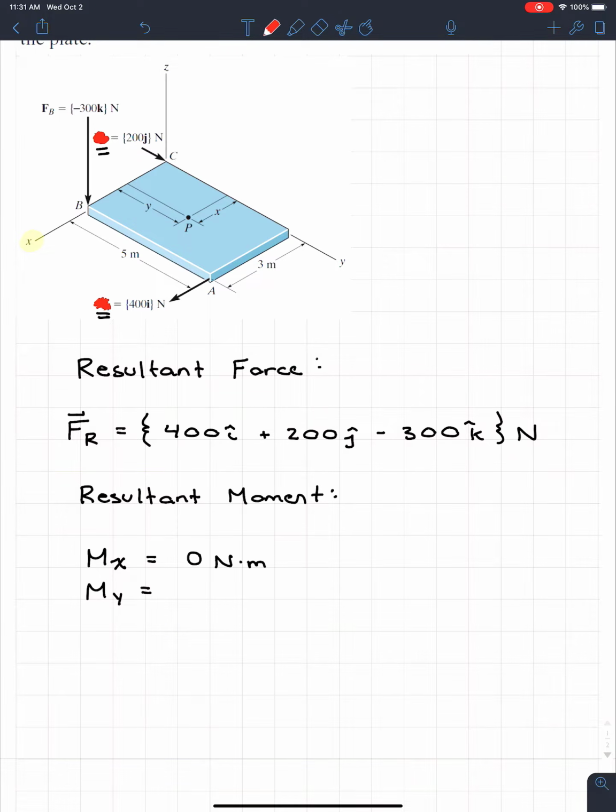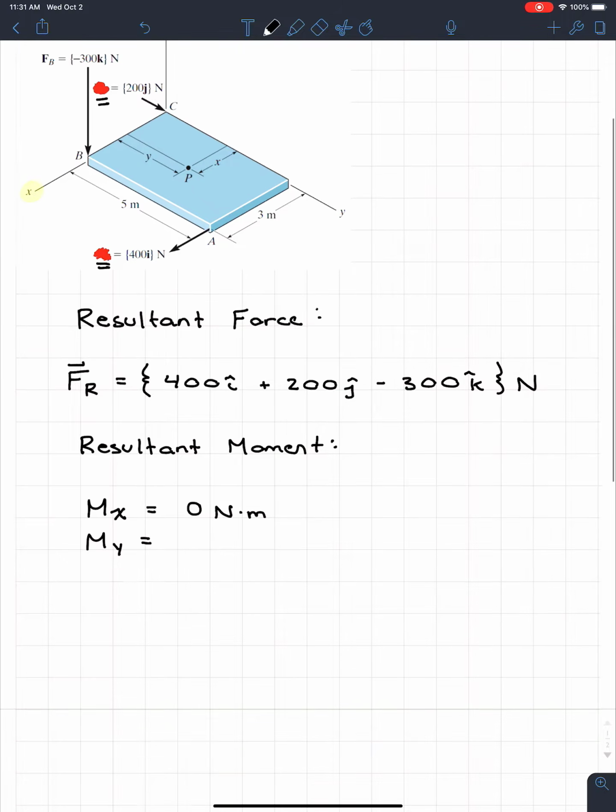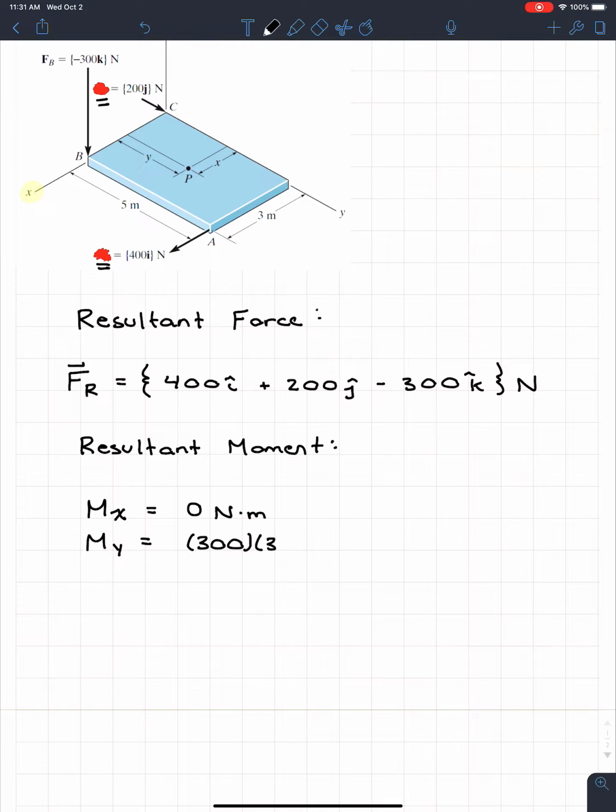However, if we look at Fb, it does create a moment about that y-axis, the 300, and that's at a distance of 3 meters. So we know that this moment will be 300 newtons times a distance of 3 meters. So this will be 900 newton meters. So we do have a moment about y, 900 newton meters.